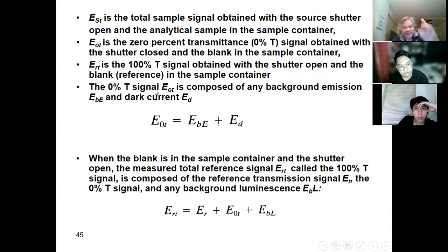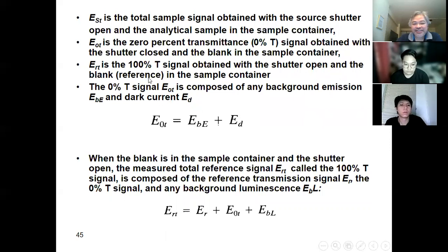So during that time, this was the high-end instrument. But the principle is still based on that. Now everything is automatic. It's already incorporated in the instrument that we use. So for the ERT, you set a 100% signal obtained with the shutter open and the blank reference in the sample container.